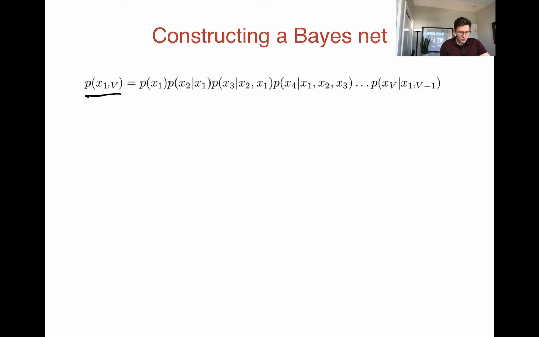I can look in it and see what the probability of x1 is. This is just the sum over everything else of the joint distribution. So given just the joint distribution, I can calculate the probability of just x1.